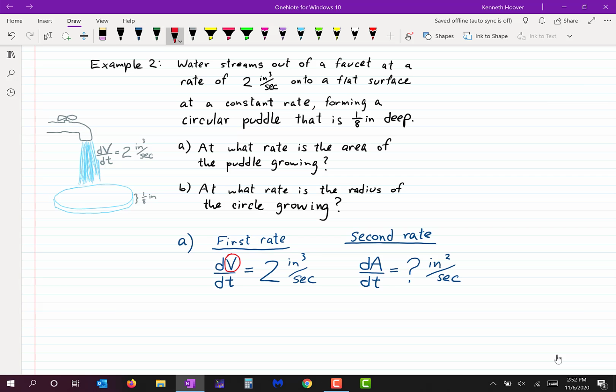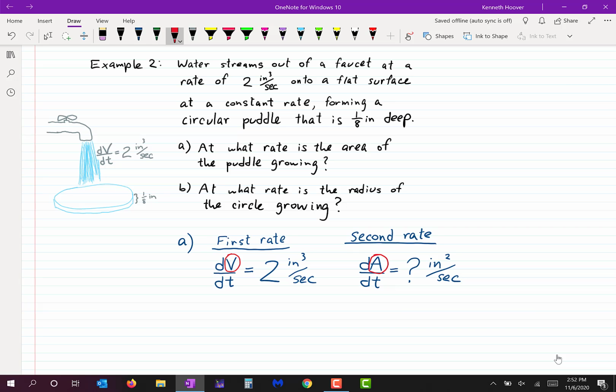That's the volume of water that's coming out of the faucet, which means it's also the volume of the puddle, which is a cylinder. So that's the volume of a cylinder. And the other quantity is the area of the circle on the top of the cylinder. So I need a relationship between the volume of a cylinder and the area on top.